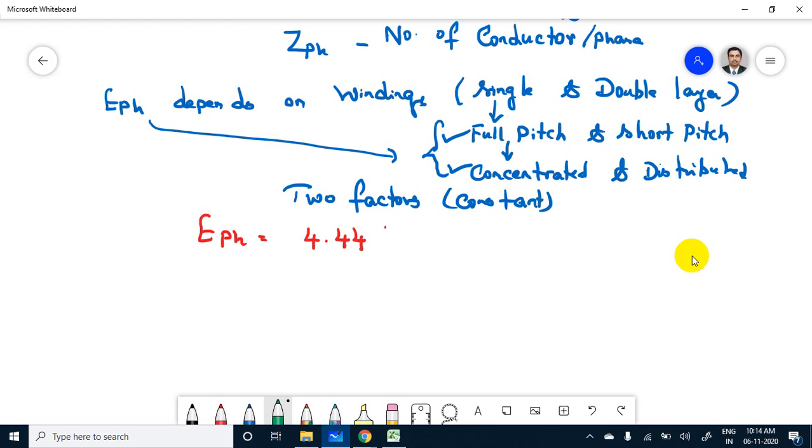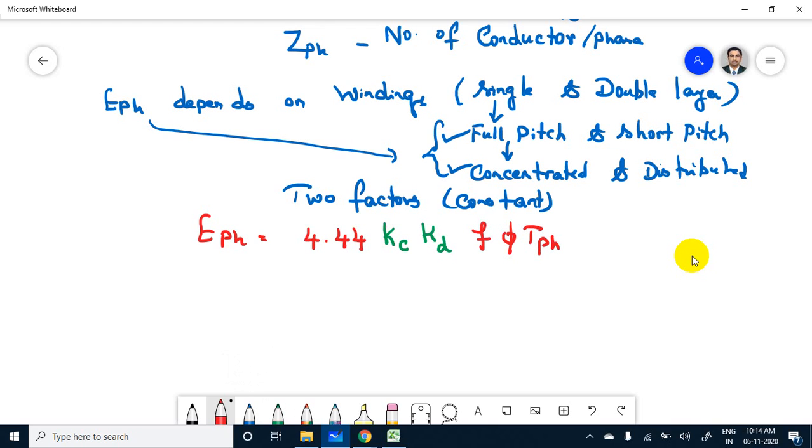I have to include the notation Kc, Kd, into F phi T phase.